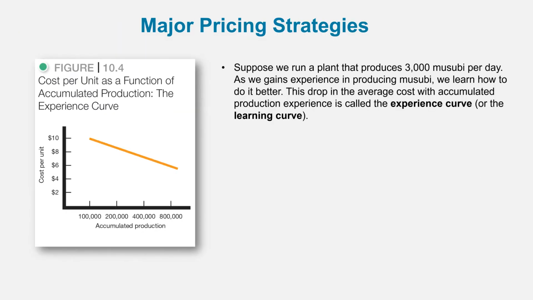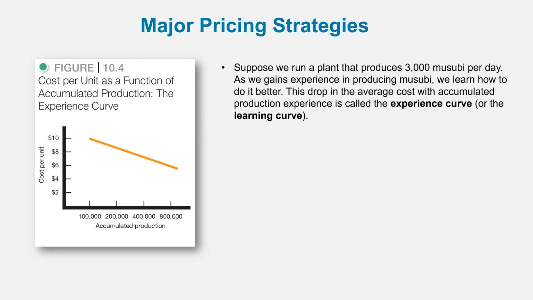One of the beautiful things that any marketing person or business person wants to see is how costs go down as you gain experience. So suppose again that we produce 3,000 musubis per day. We gain experience producing musubi after musubi, day after day, and our employees become tenured.